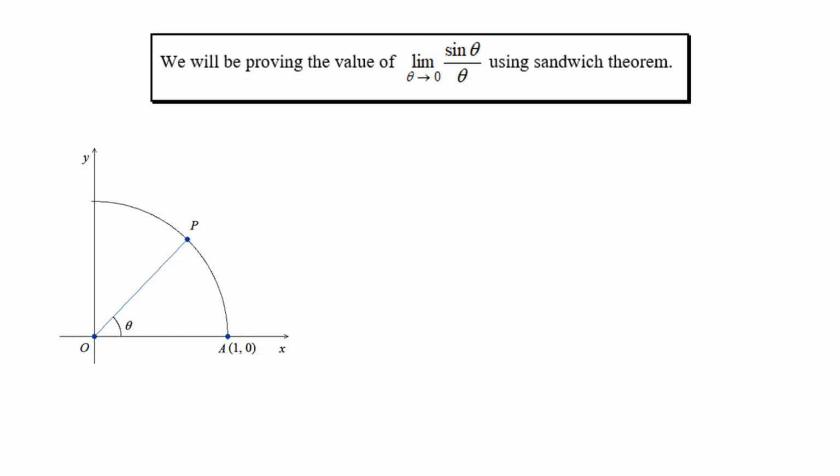Okay, so here we have a diagram of just a generic angle theta labeled here in the first quadrant. So this picture would be a picture of a theta that is bigger than 0. So we can see that this angle is larger than 0 radians or 0 degrees.